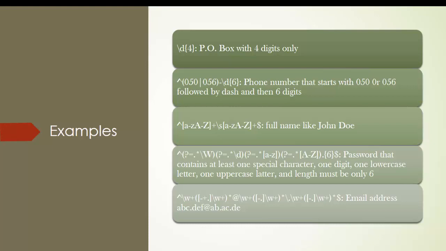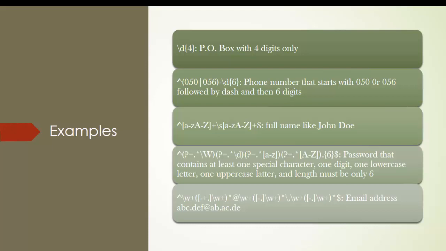So this question mark equal dot followed by a star means the pattern that follows must exist in your password. So this way you force the user to enter this. And finally, we have the 6. So this means the total length of our password would be 6 characters.